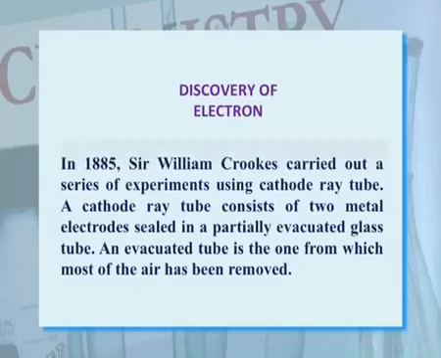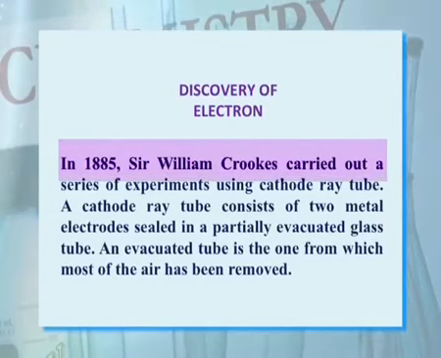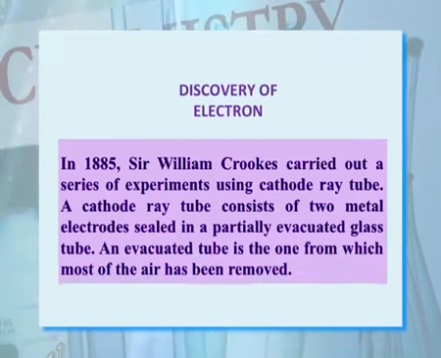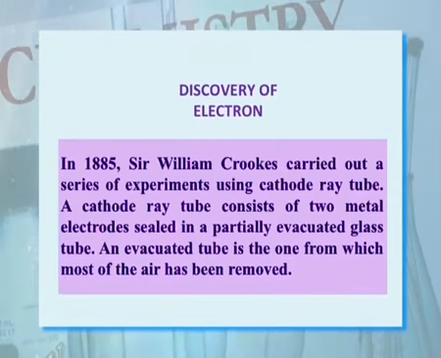Discovery of electron. In 1885, Sir William Crookes carried out a series of experiments using cathode ray tube. A cathode ray tube consists of two metal electrodes sealed in a partially evacuated glass tube, and evacuated tube is the one from which most of air has been removed.